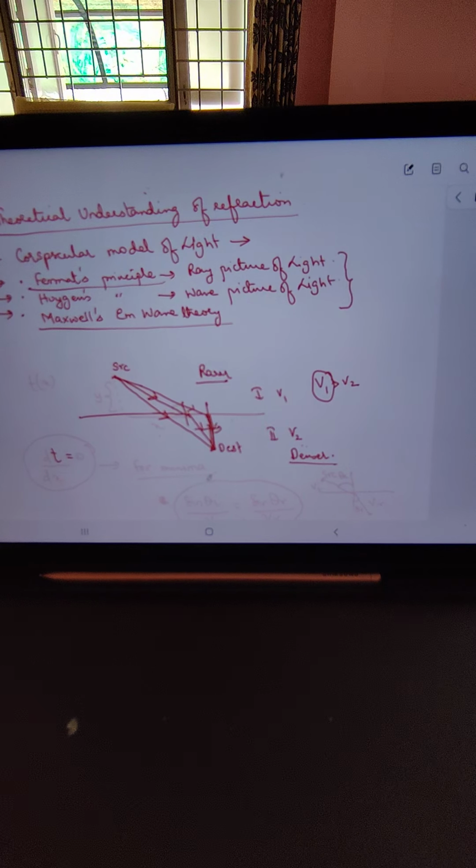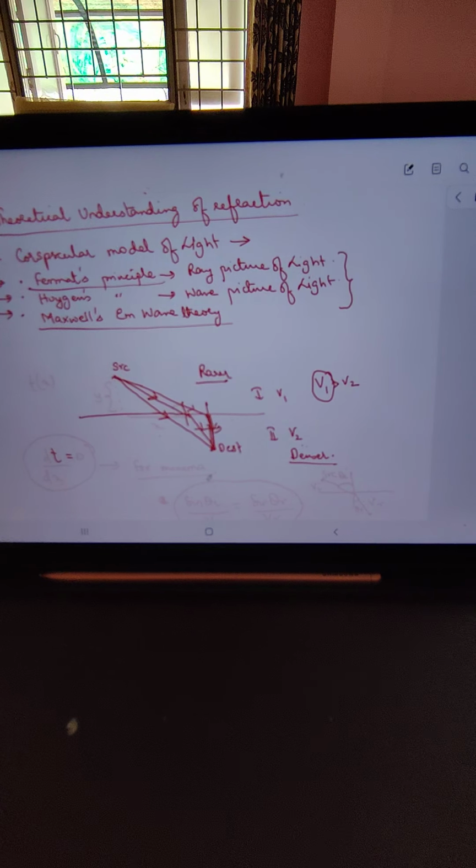We are not going to do this totally right now, but you can convince yourself that the least time path will be somewhere in between these two extremes. That exact thing you will have to find out using calculus.